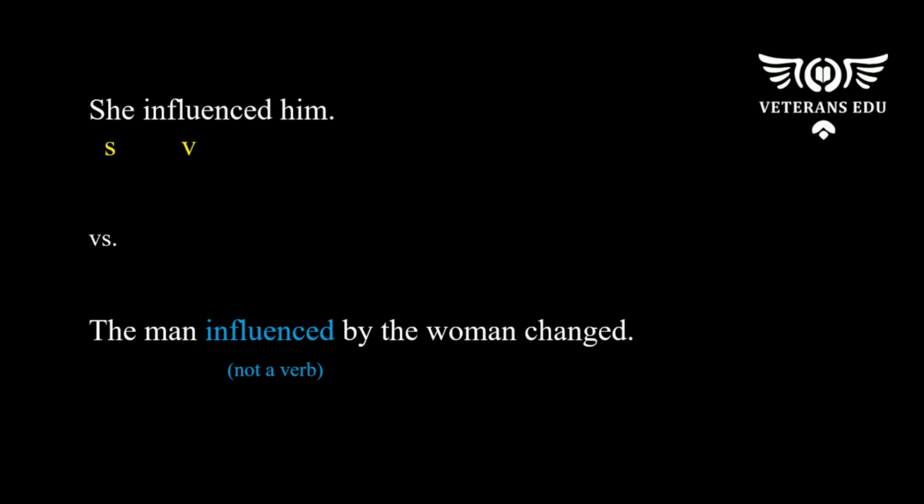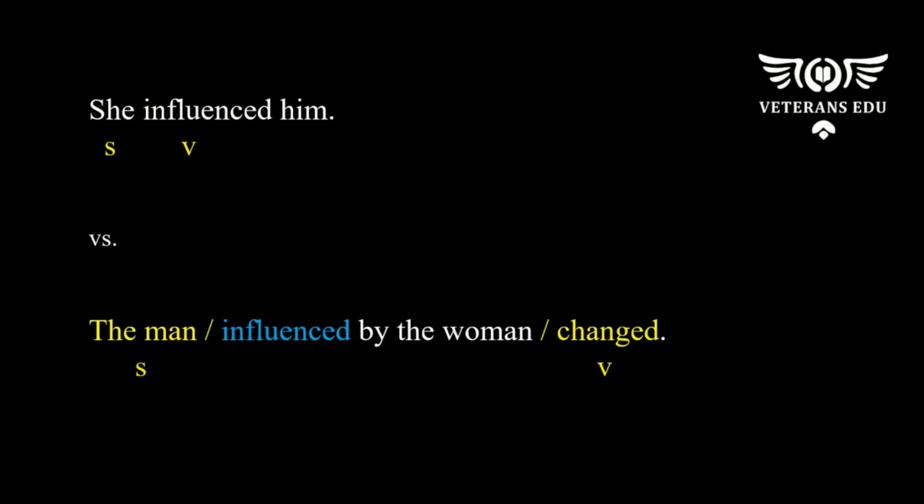Rather, the verb of the sentence is changed, and the main idea is that the man changed. So what is influenced? Well, influenced is a modifier describing the man. What kind of man? The man influenced by the woman. So do you understand that the same word can be used differently? In the first sentence, the word influenced is used as a verb. But in the second sentence, the word influenced is used as a modifier.